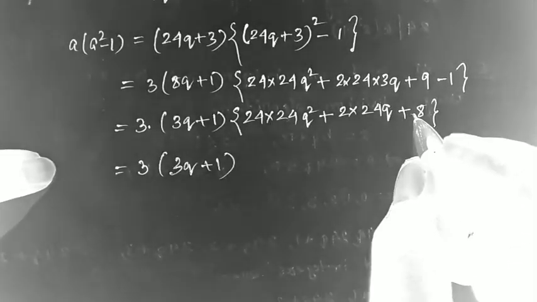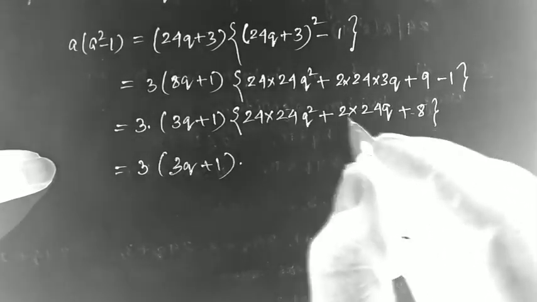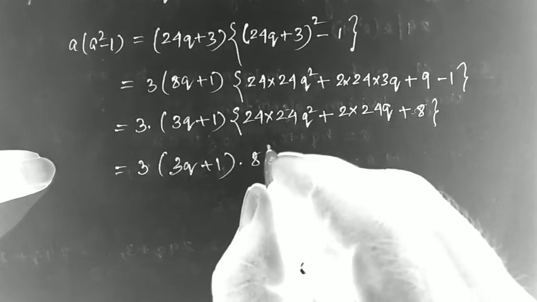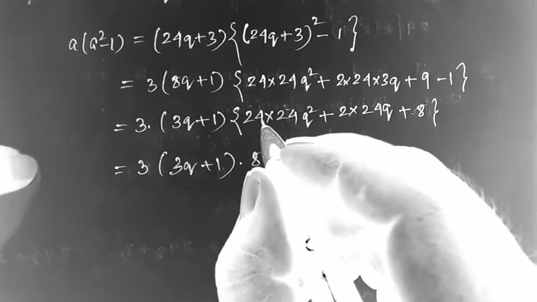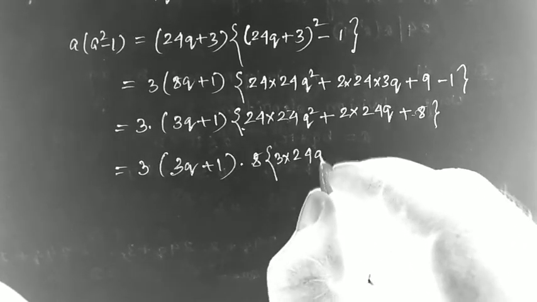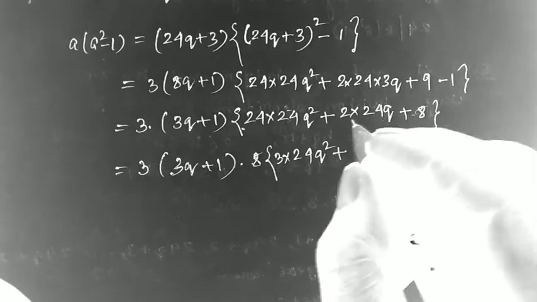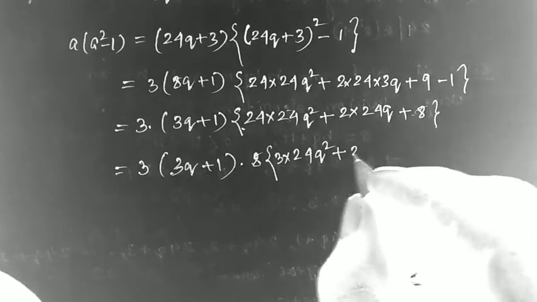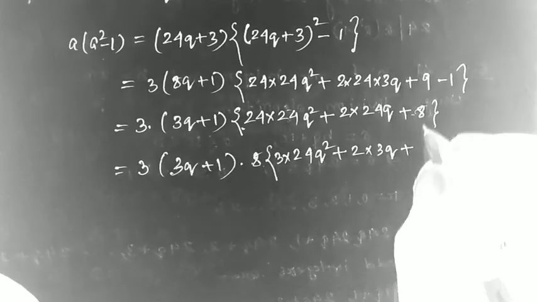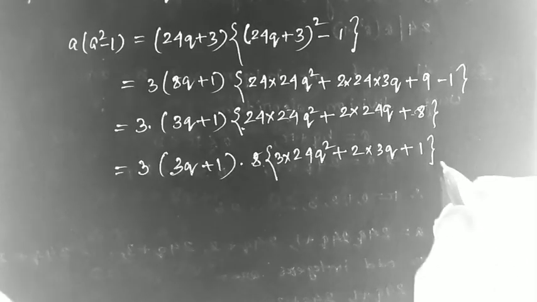From the whole term, 8 is common. From all 3 terms 8 is common, so we can take out 8. From 24, 8 comes out, so 3 into 24 q square. From here 8 comes out, so 2 remains the same. From 24, 8 comes out, so 3q, and from here 8 comes out, so 1.